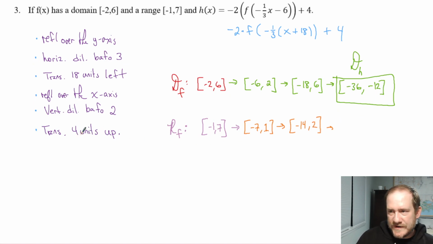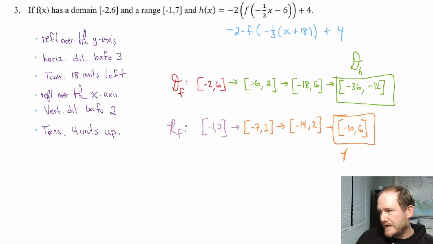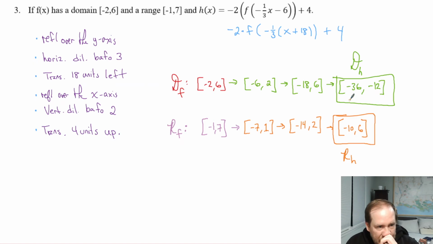And then we get translated up, so everything gets 4 added to it. So -10, 6. And now that's the range of function h. And that's it. I think this is probably straightforward. Moving on.